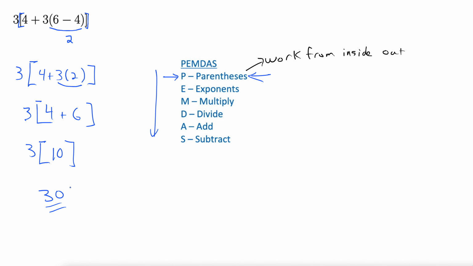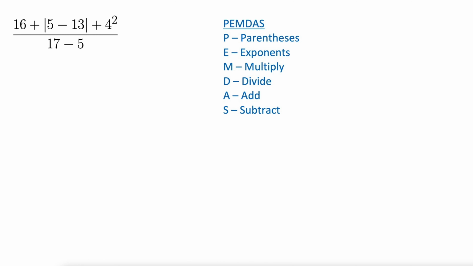Let's try another one. Here we have 16 plus the absolute value of 5 minus 13 plus 4 squared all over 17 minus 5. When you see an absolute value, you treat it like a parentheses.